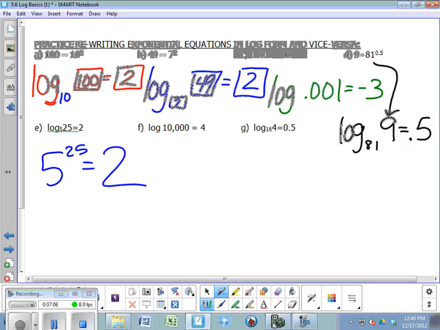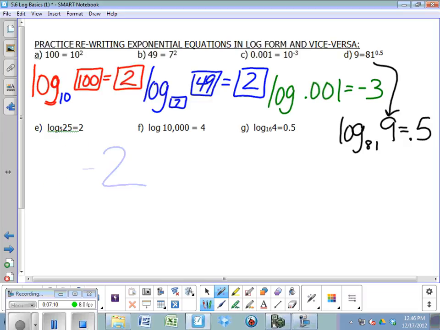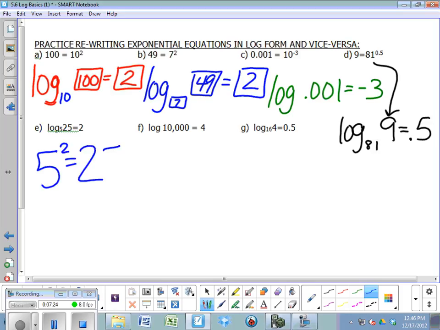If it looks silly, it is silly. 5 to the 25th is not 2. Is it 2 to the 5 is 25? No, 2 to the 5th is 32. It doesn't work. There's only one way that works. And what is it? 5 squared is 25. So this 5 is the base, the 2 is the exponent, the 25 goes across.